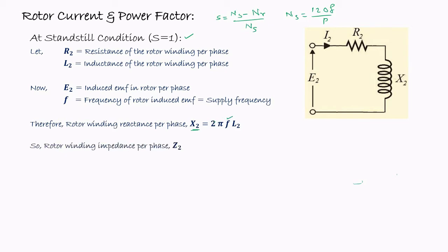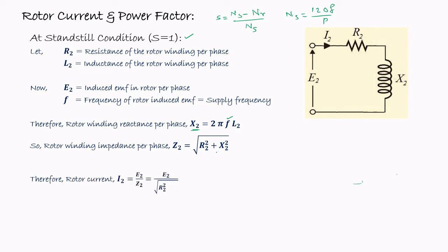And the rotor winding impedance per phase, that is Z2, can be calculated by using the impedance formula, that is square root of R2 square plus X2 square, rotor winding resistance and rotor winding reactance at standstill condition.